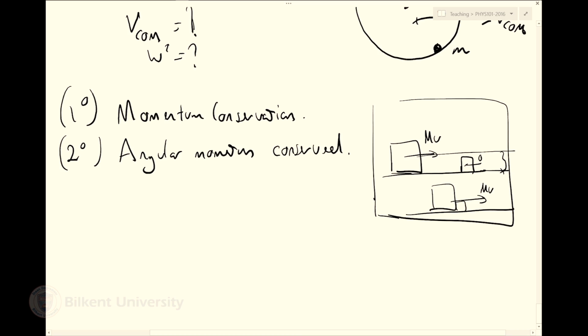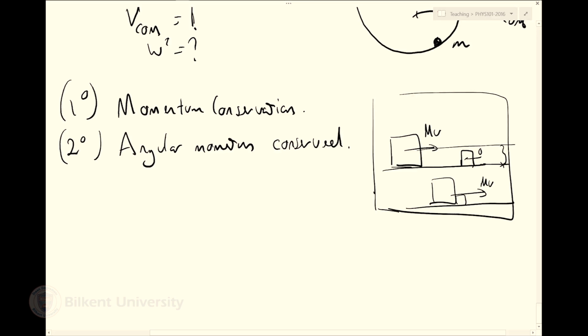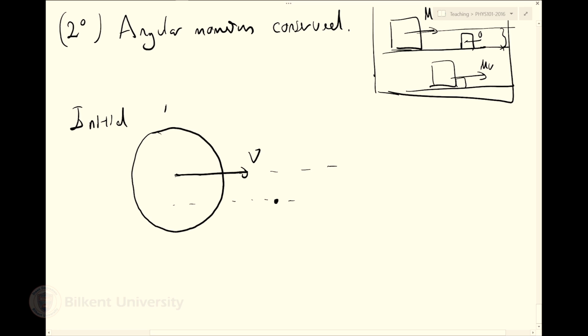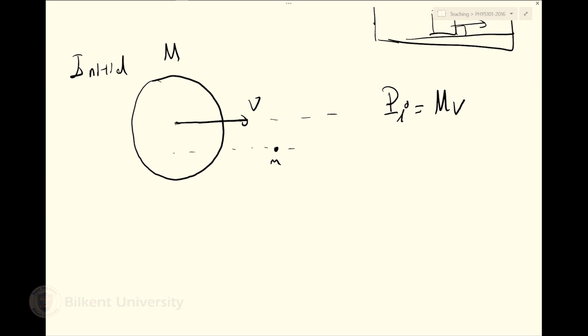Now momentum is conserved. So what was my initial state was the following. I had v and this guy has m. Small m does not have any velocity, so my initial momentum is mv. How about my final momentum?